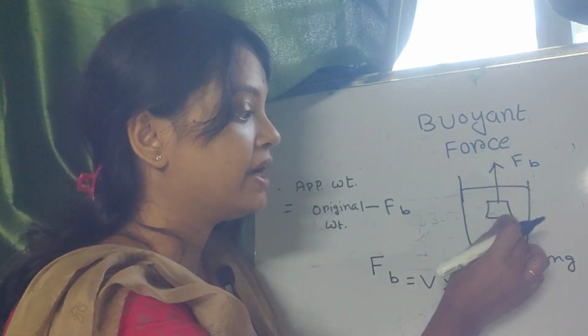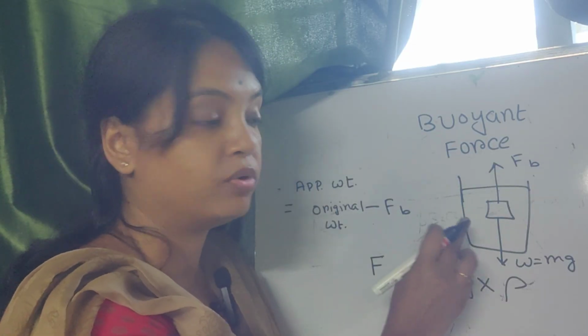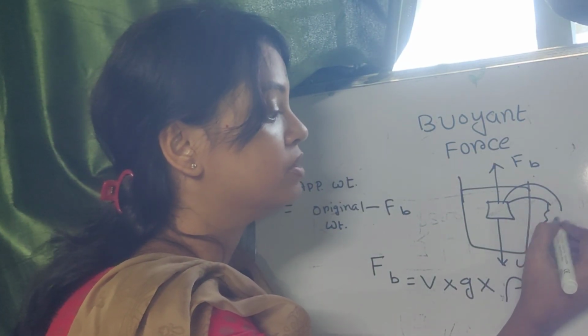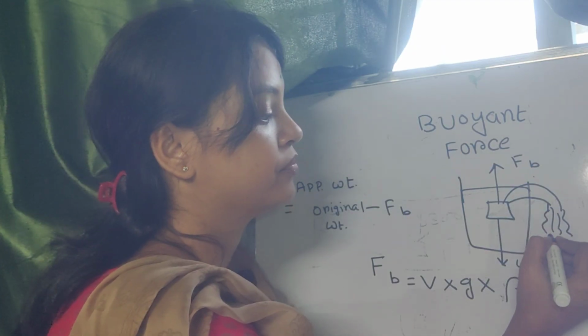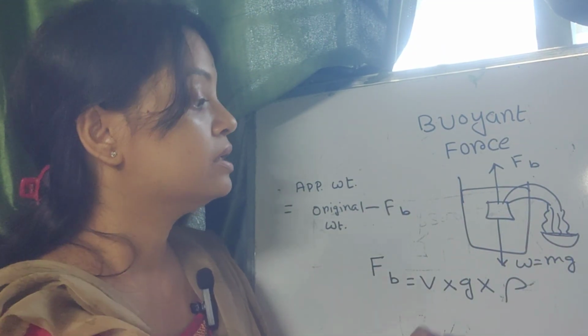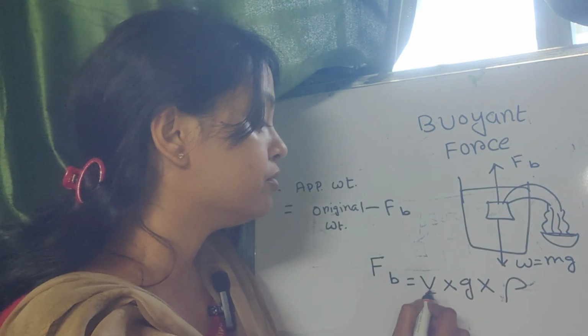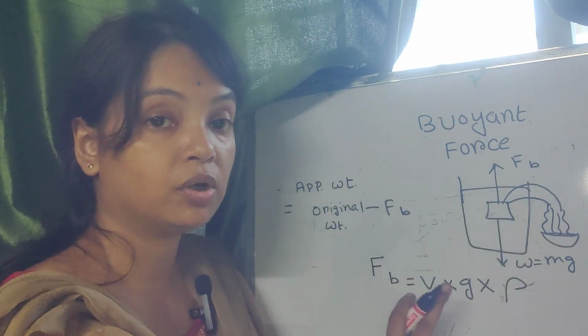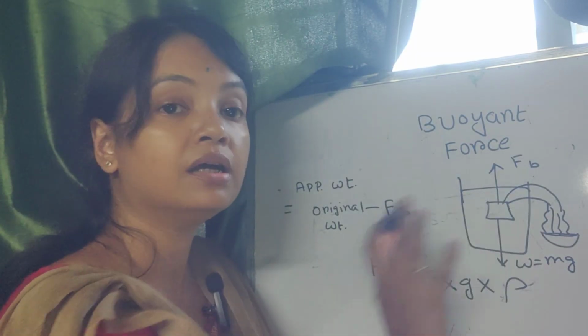If I immerse this object inside the water, it displaces some amount of water. Here, if we collect the water, the volume V indicates the volume of the water displaced by the object.